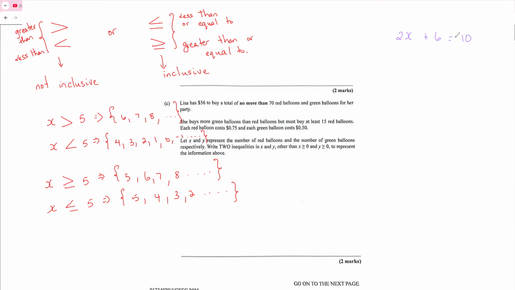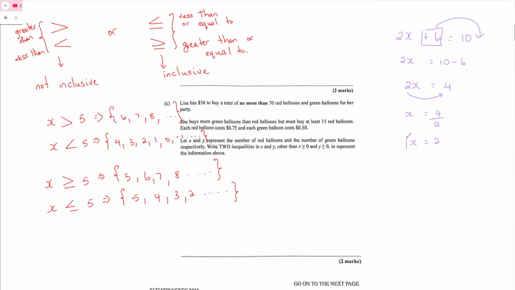Like a regular algebraic sum with an equal sign, we could solve for this. So we have 2x, carry across. Once you cross the sign, you do the opposite operation. So this becomes minus 6. 2x is equal to 10 minus 6, which is 4. Carry this across, x is 4 divided by 2, x is 2.